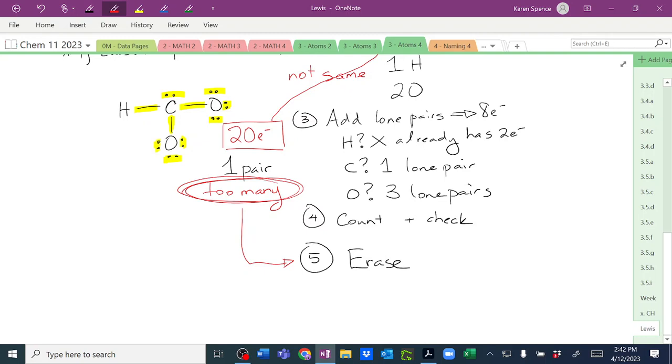Here's a clue. We have 1 pair too many, so we are going to erase lone pairs. We're not going to erase bonding pairs because that would just blow our molecule apart. And who are we erasing it from? From which atom?